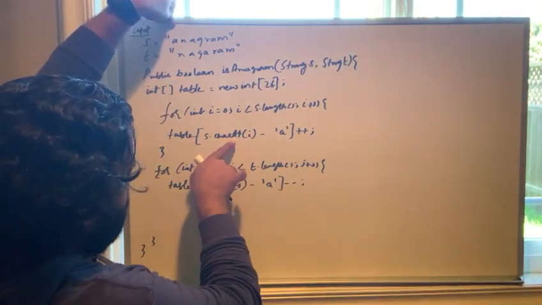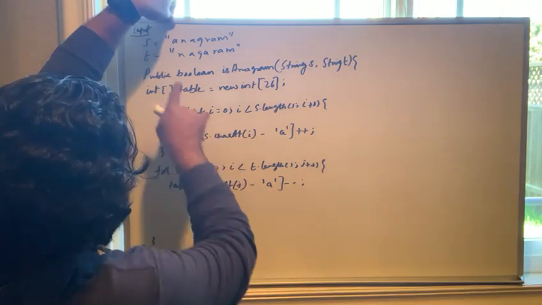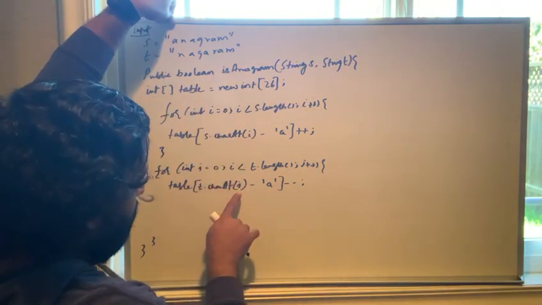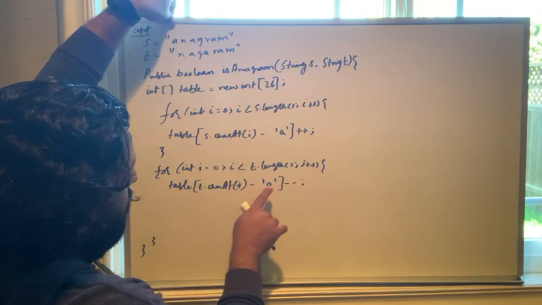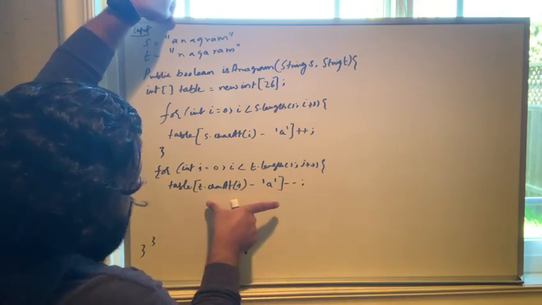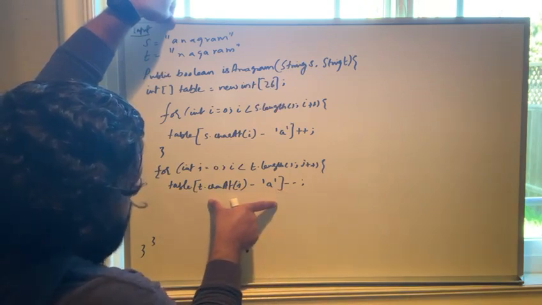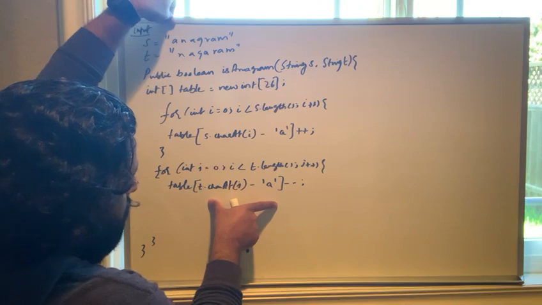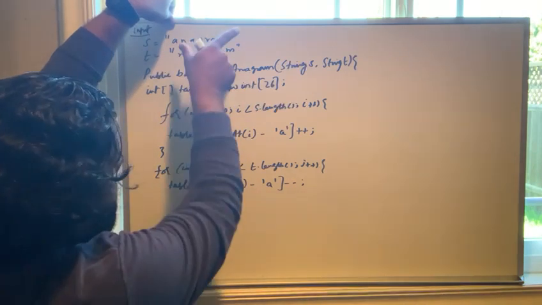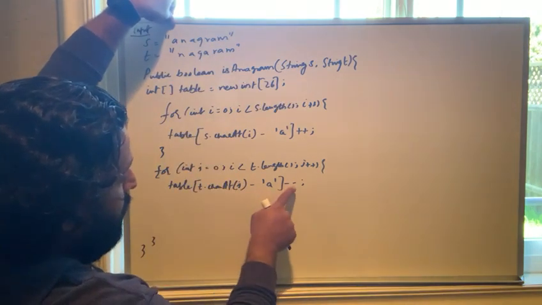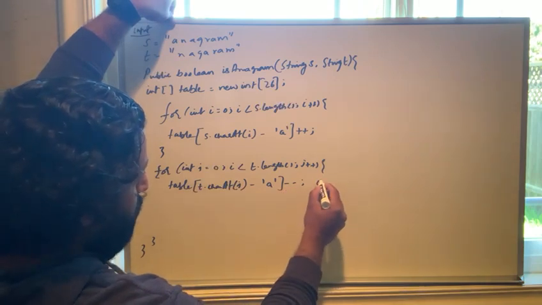So every time I am iterating through t, I'm going to get the letter and decrement the value at that specific index in the table. So if S and T frequencies for that letter exactly match, this will always remain 0.